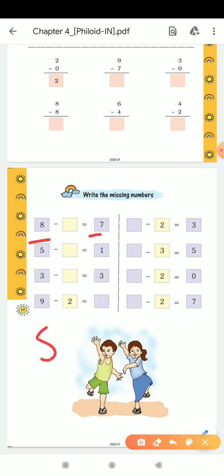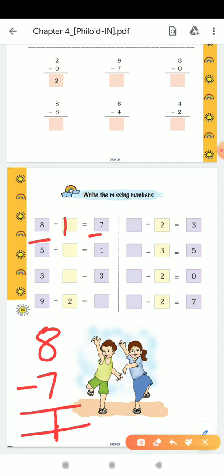So we will write 8 first, and who is the smaller? 7. We will write it down. So 8 minus 7 is equal to 1. It means our answer is 1. Okay, in this way you have to do all the answers. Whatever numbers are given here, we have to subtract both of them.